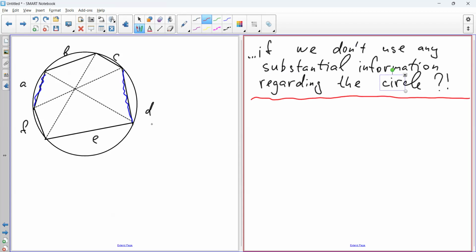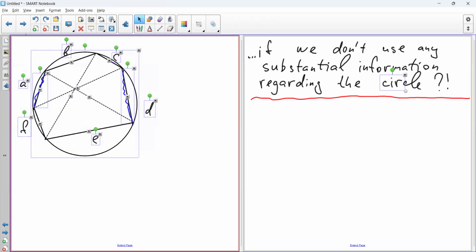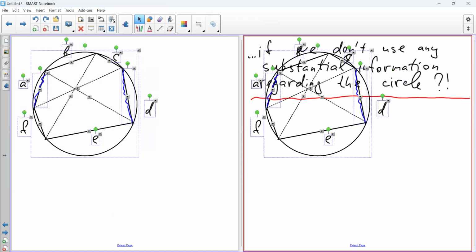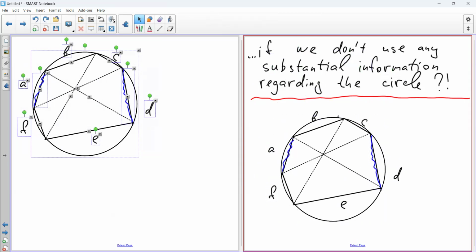I like double checking such assumptions because of the following thing. Imagine we don't use the information about the circle. If we don't use any substantial information about the circle, that technically means, in a slightly philosophical way, that we act just as if we didn't know that there is a circle.